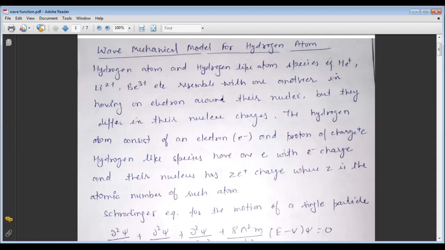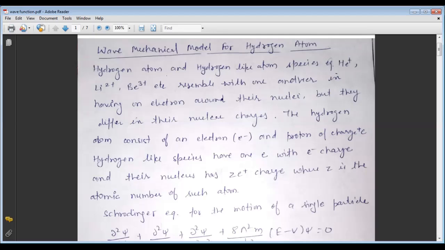Now we are finding the wave mechanical model for the hydrogen atom. We know that the hydrogen atom and hydrogen-like species, for example He positive, lithium 2 positive, beryllium 3 positive, resemble one another because they have one electron around their nucleus, but they differ in their nuclear charges.